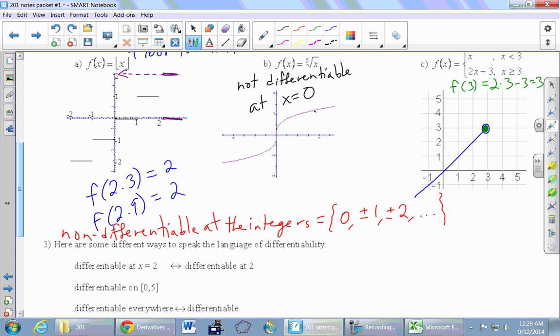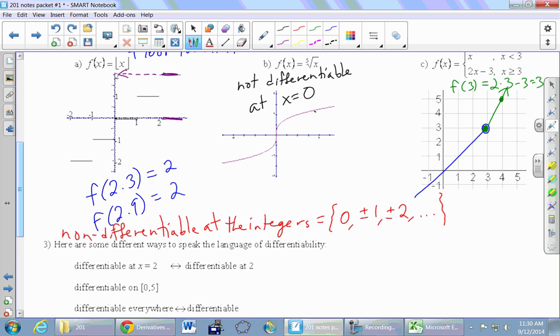What's the slope of that bottom line? 2, right? Number in front of the x, mx plus b. So that means that if I rise 2, I should run 1. So there's another point that's on the line, and then you can just connect the dots. It goes that way. So where is this function not differentiable?